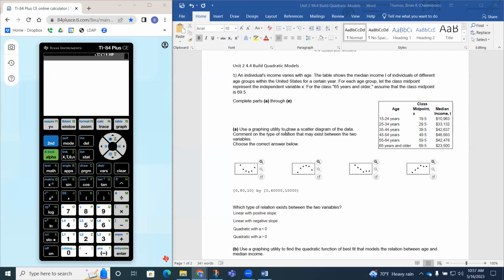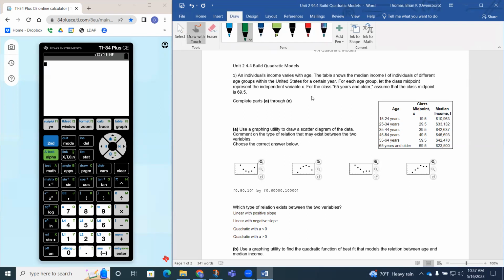So it says use a graphing utility to draw a scatter diagram. If we remember, that's under stat plot. So we're going to have to use stat. It's one of our main keys, and the stat plot is another key that we're going to be dealing with.